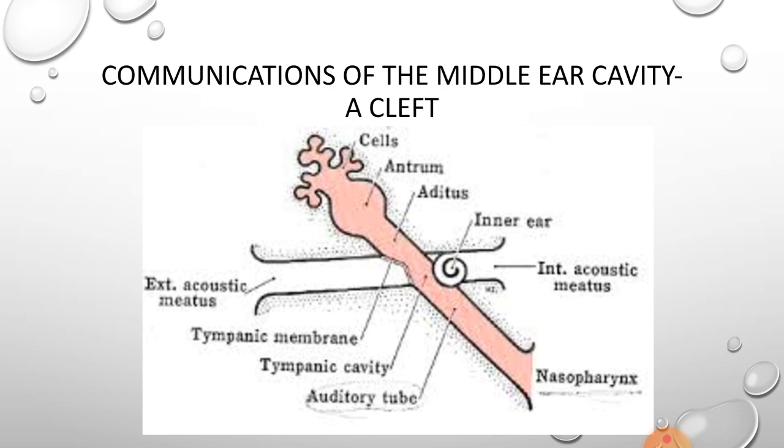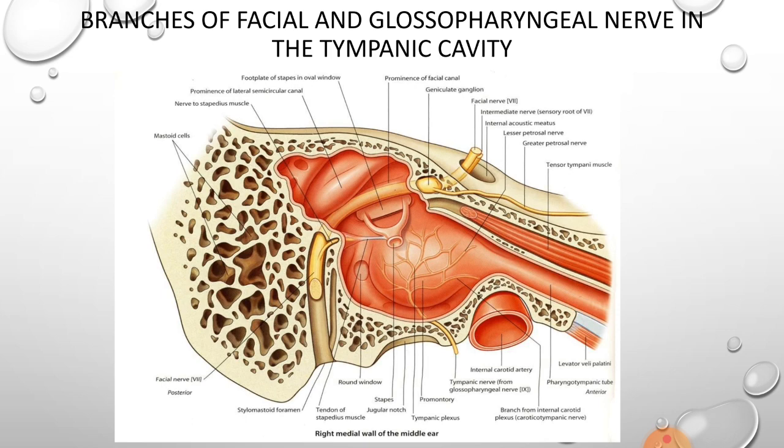Okay, now the middle ear cavity is actually a cleft because it has communications all around. We already talked about that it is related laterally to the external ear, and medially to the internal ear. Anteriorly it is communicating through the auditory tube or the eustachian tube with the pharynx, the nasopharynx.